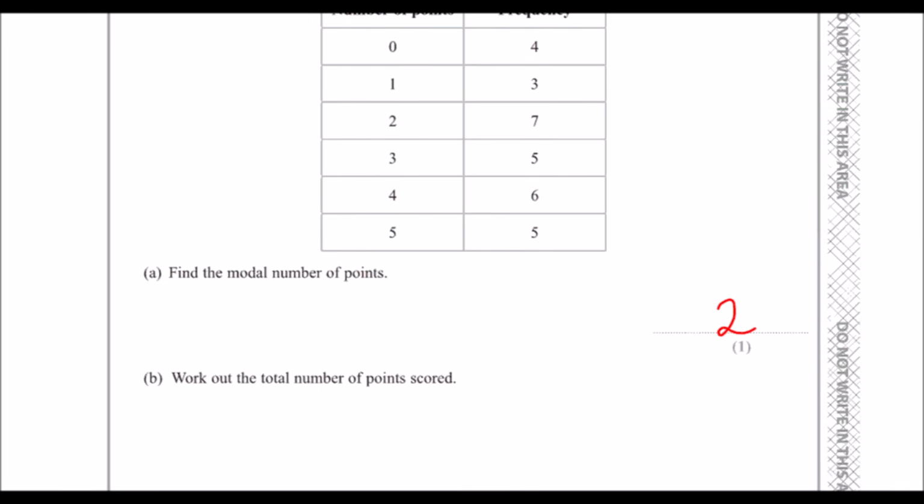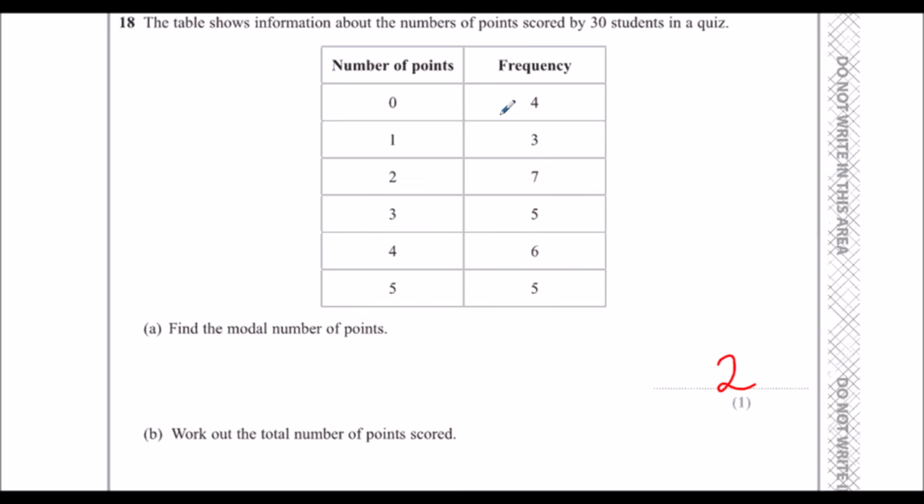Work out the total number of points scored. So to do this, we're going to multiply across the columns. So 4 people scored no points, 4 zeros, a 0. 3 people scored 1 point, so in total 3 ones are 3. 7 twos, which is 14. 5 threes, which is 15.